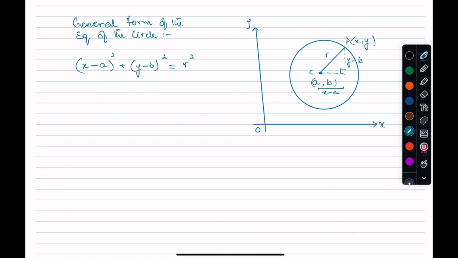Therefore, this becomes radius the whole square. So this is another form, or the general form, of the equation of a circle passing through any point C on the x and the y axes.